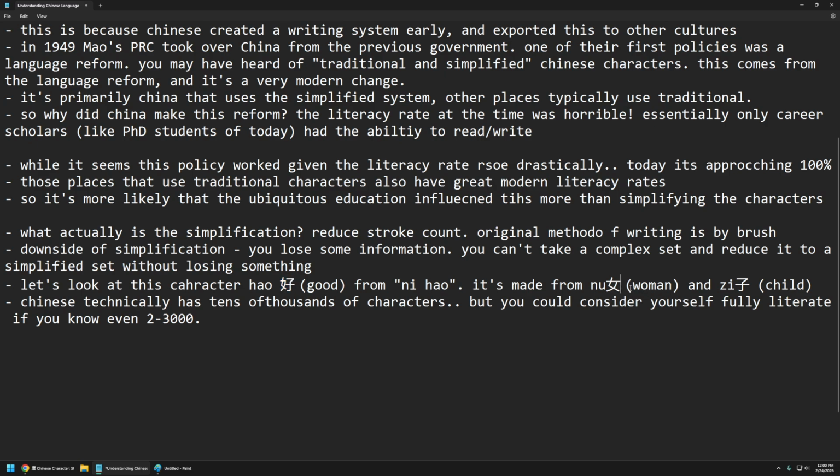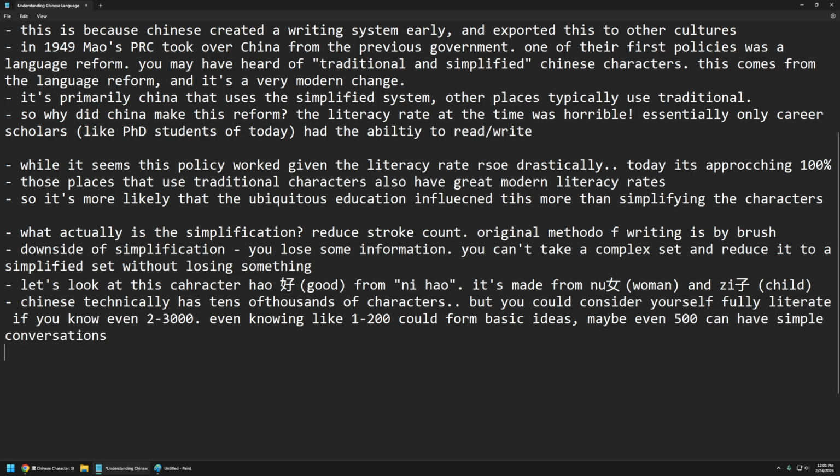So once you get familiar with some of the elements such as these, you can end up combining them into other characters. It makes them much easier to recognize, much more familiar. Even knowing like 100 to 200 could form basic ideas. Maybe even 500 can have simple conversations. So you don't really have to go crazy here.